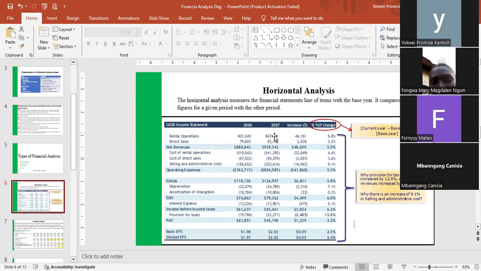You will notice that in 2017, for example, the rental operations is 847,000, and here we have 801,000, meaning it has increased, which has led to a percentage. To know the percentage, you take the current year minus the base year and divide by the base year. You determine the percentage at which the item has increased or decreased.